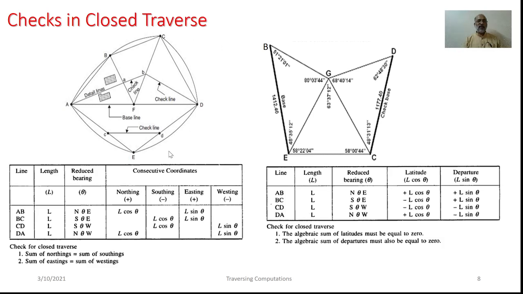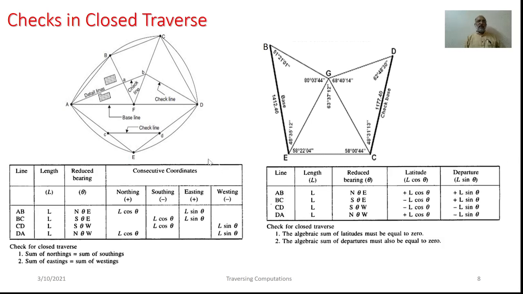For this closed traverse, for line AB, the lengths can be known, the reduced bearings are known, and the consecutive coordinates, as we discussed earlier, can be expressed as northing, southing, easting, westing in respective columns. Otherwise, for respective lines, giving consideration to the reduced bearings, the latitudes and departures can be expressed with their appropriate sign.